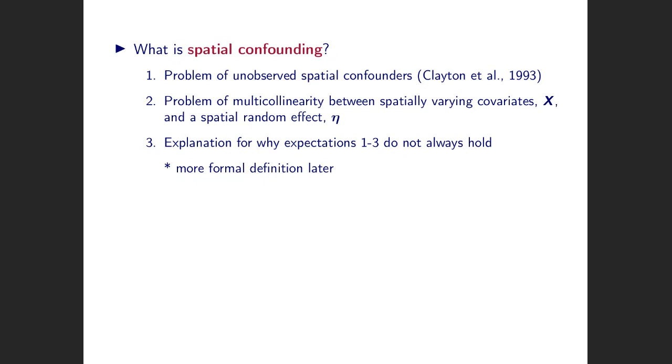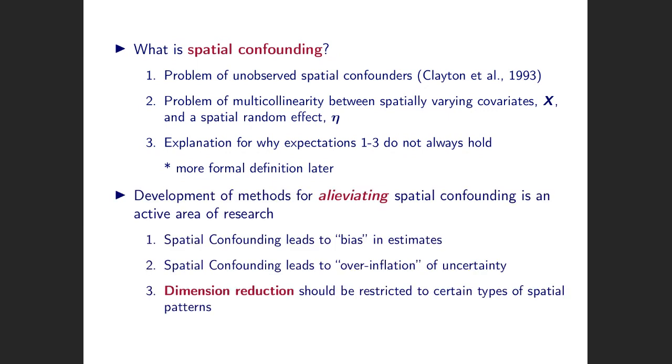It's also been used to refer to multicollinearity between the spatially varying covariates, so when X has some spatial structure to it, and a spatial random effect eta. So a problem that has to do with the specification of eta and its relationship to X. And it's also been used informally as an explanation for why these 3 expectations that I had on the previous slide don't hold in practice.